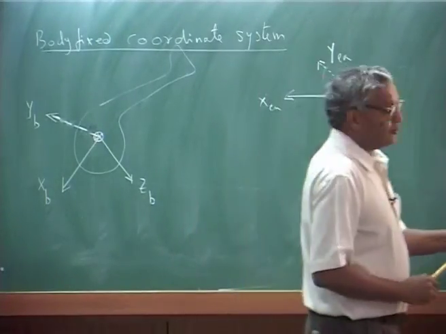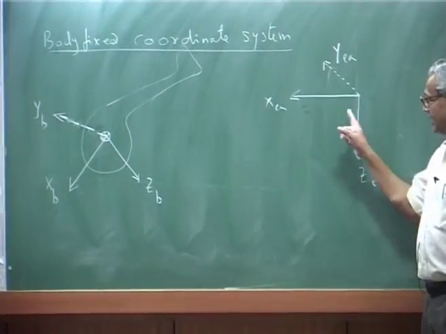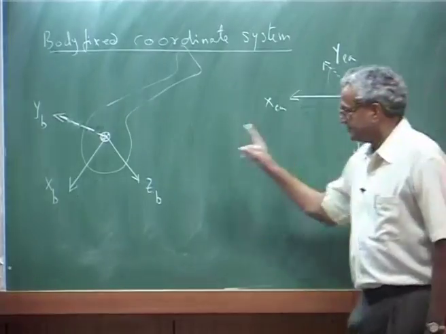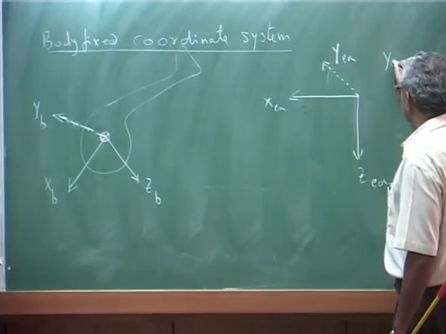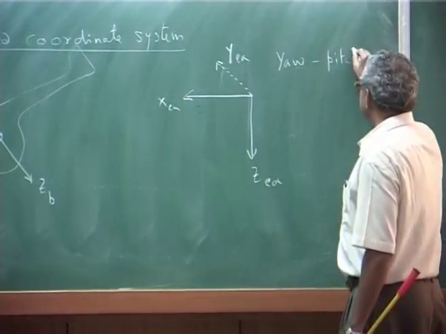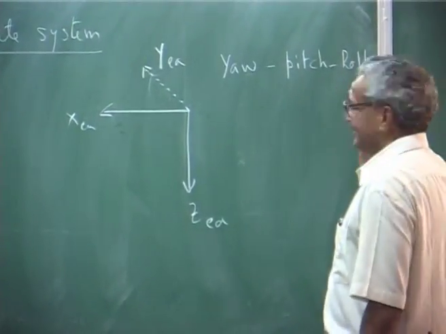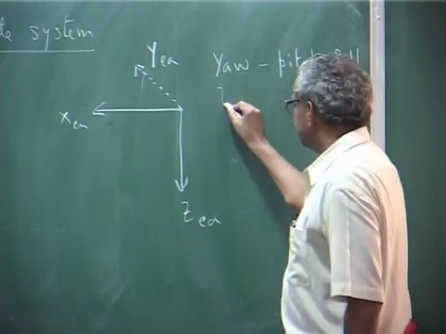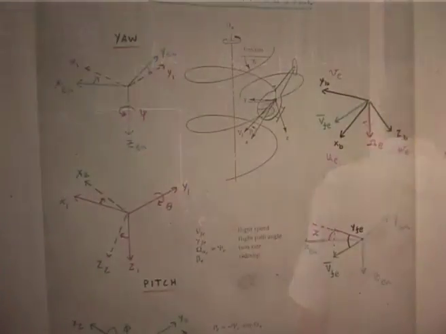Now you see the sequence of rotation from this to this: you follow yaw, then pitch, then roll. Yaw is psi, pitch is theta, and roll is phi.